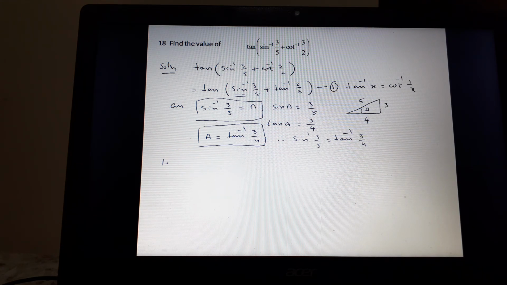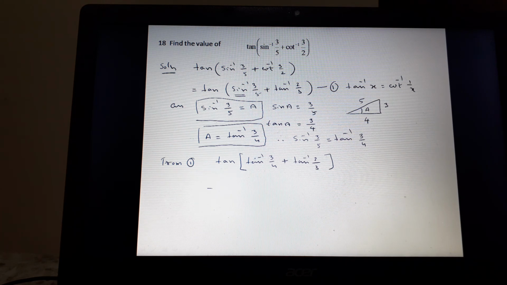Therefore from 1, now we can write tan of, instead of sine inverse 3 by 5, I can write tan inverse 3 by 4 plus tan inverse 2 by 3.